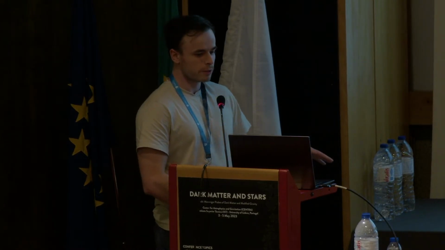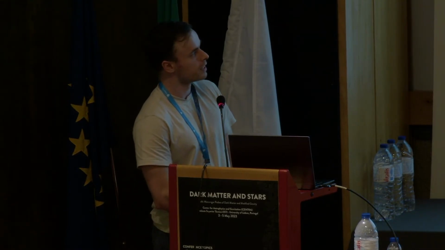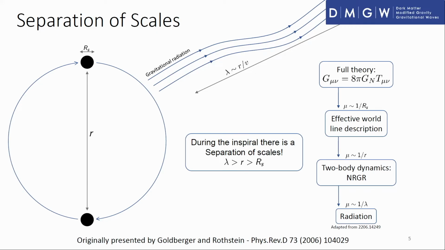The pipeline, if you want to do something like this, would be somewhat like this: you start with your full theory, so these would be the Einstein equations here. Then first you would integrate out, so to say, the scale of the size of your objects to arrive at an effective world-line action. You can essentially think about this as describing your objects as point-like particles.